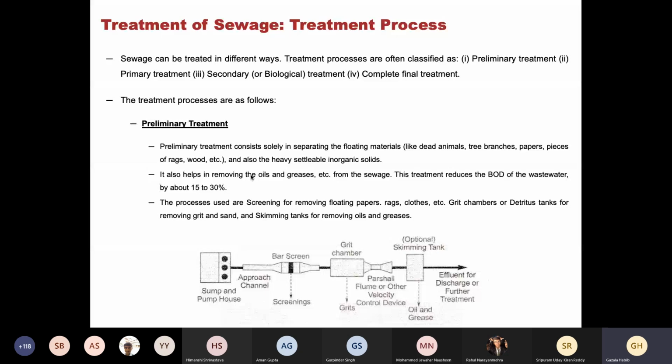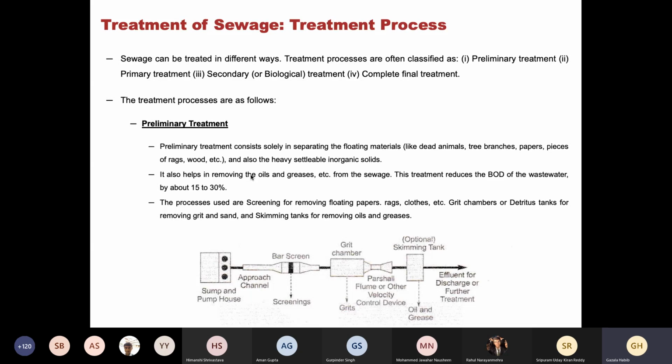Then there is a comminutor. Comminutors are devices which can grind the remaining big objects which have passed the first screen, and then the water containing ground contaminants will be passed through a fine screen to remove those contaminants. After that, very fine inorganic material, even eggshell and so on, can be removed in the grit chamber.